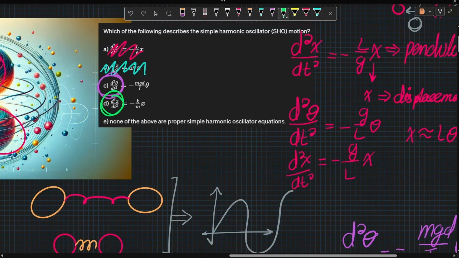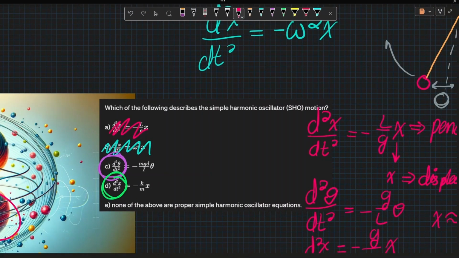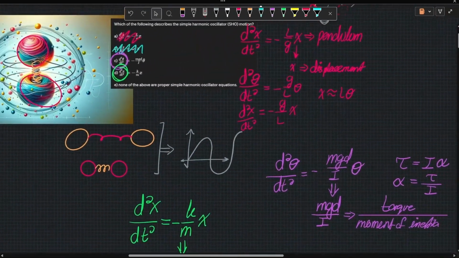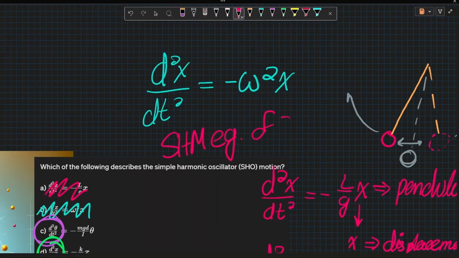So here we have two viable options. The problem tells us to choose the one that best describes a simple harmonic oscillator, and we know that a simple harmonic motion system is an example of a simple harmonic oscillator.